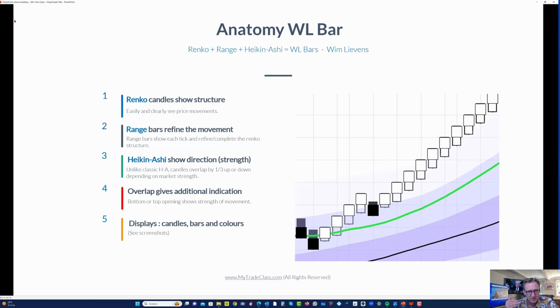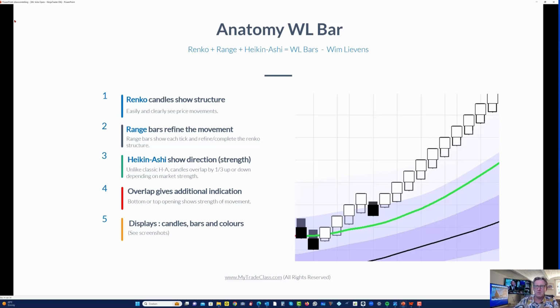Here we've done something similar, but it's not in the middle, it's at 1/3. So it overlaps 1/3 or 2/3. That means the bottom or the top of the candle, giving us an additional indication of how strong or weak the market is. So it's a little extra. Depending on how the market moves, this will show.